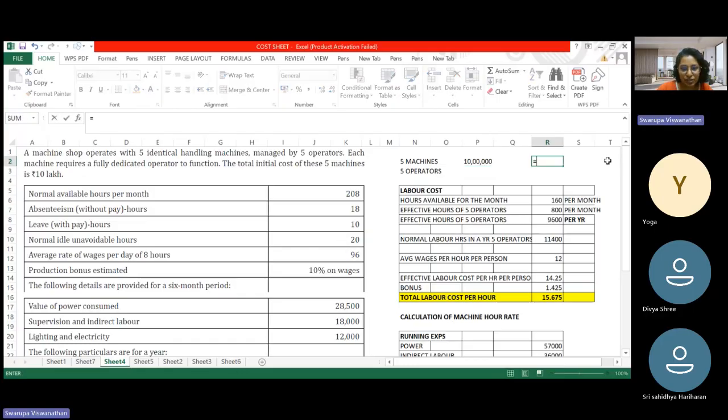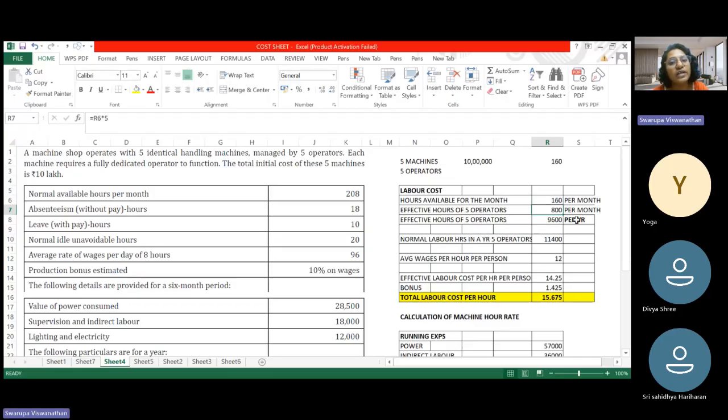It will be 208 minus 18 hours of absence, 10 hours of leave with pay, 20 hours of normal idle time. We are left with 160 hours per month. So each operator works 160 hours in a month.